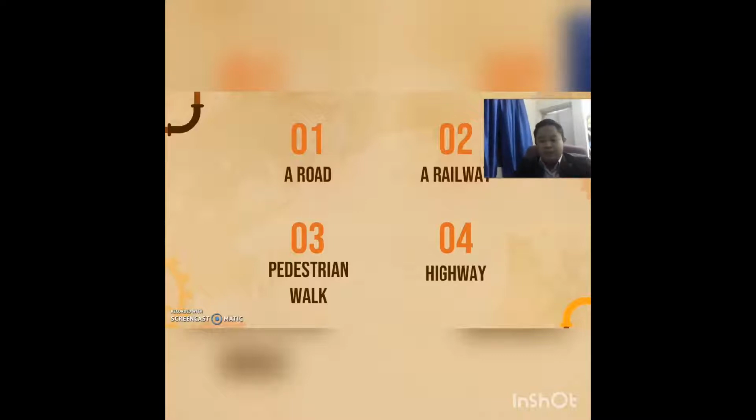The required passage is a road, a railway, a pedestrian walk, a highway, and so on. Bridges are important structures in modern highway and railway transportation systems, and commonly serve as lifelines inside the social infrastructure.